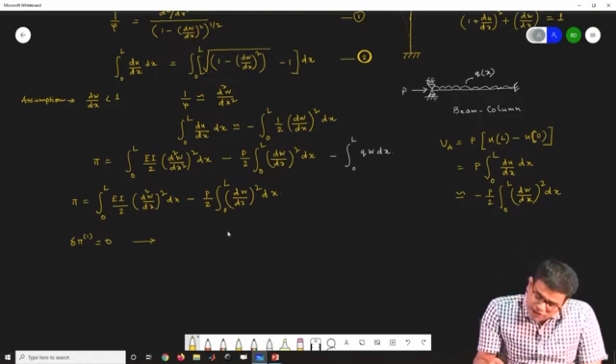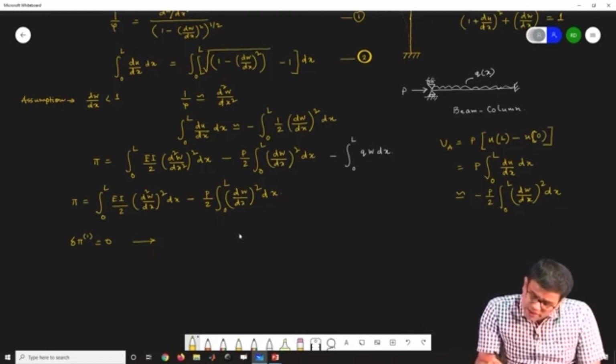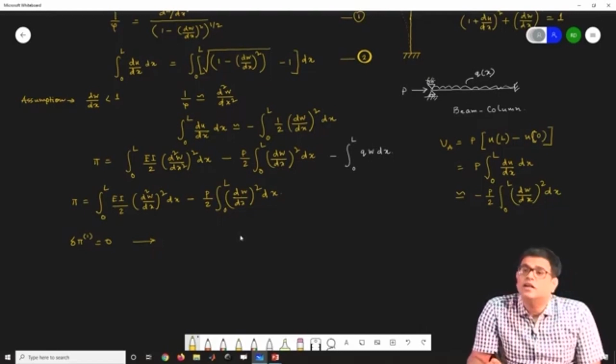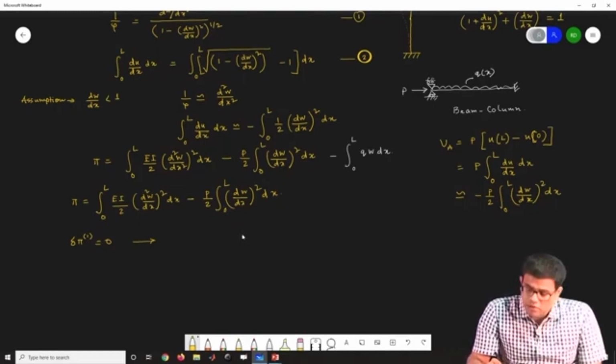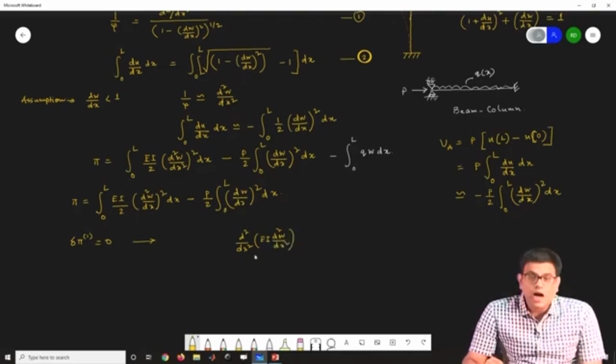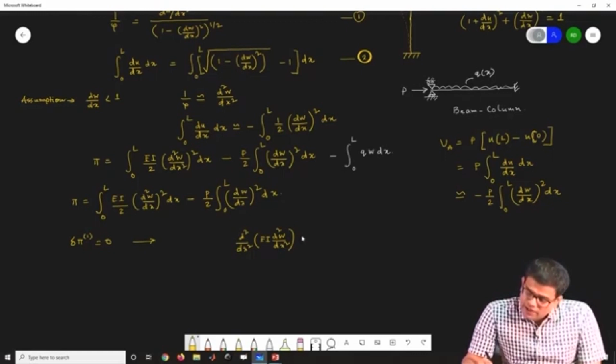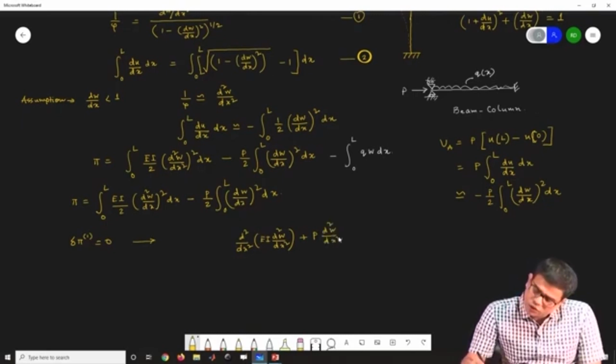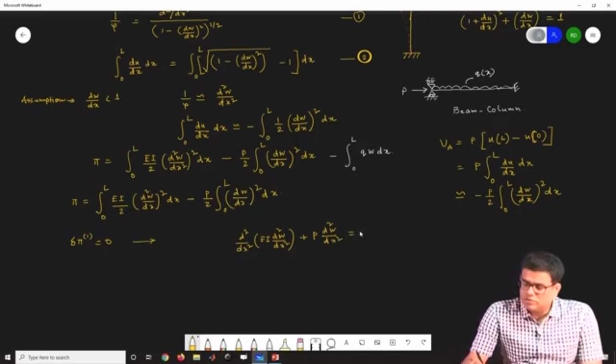The first term that will be there is the standard beam equation, that is the beam part of it: d2 dx square into EI d2w by dx square. Then we will have P into d2w dx2. This will be 0 here because there is no force.